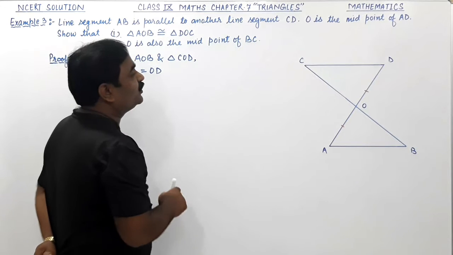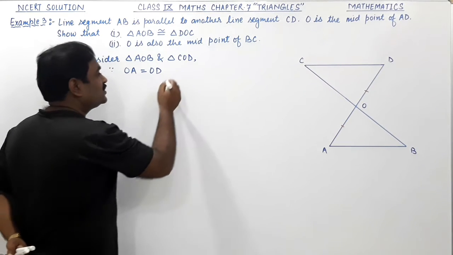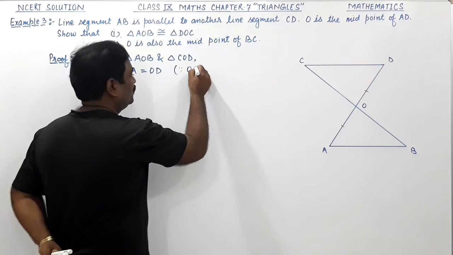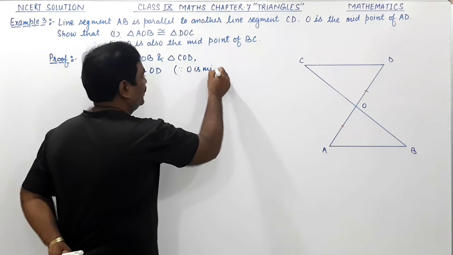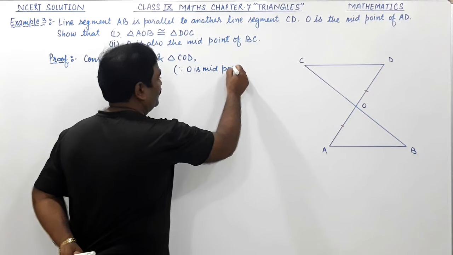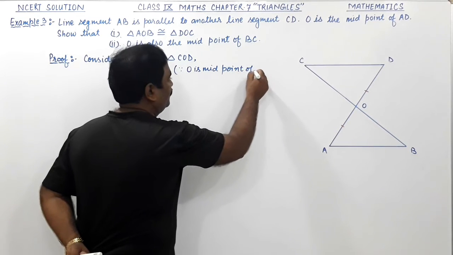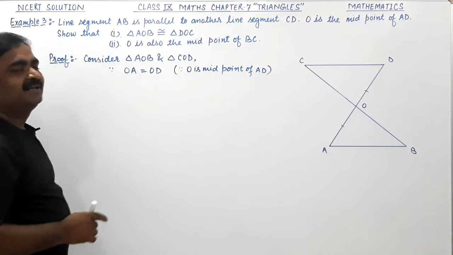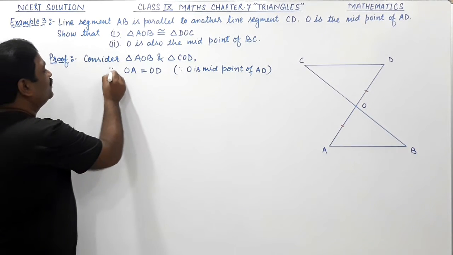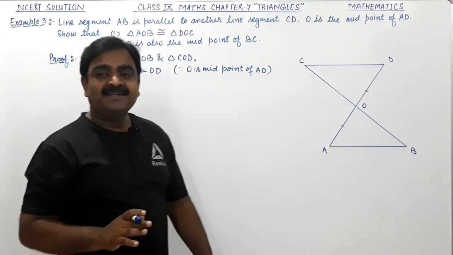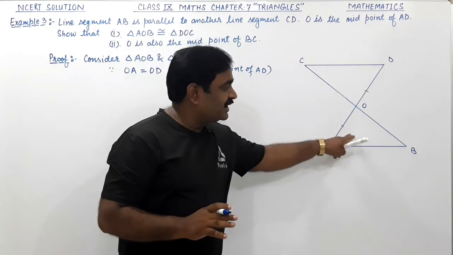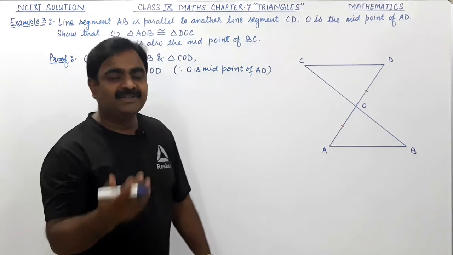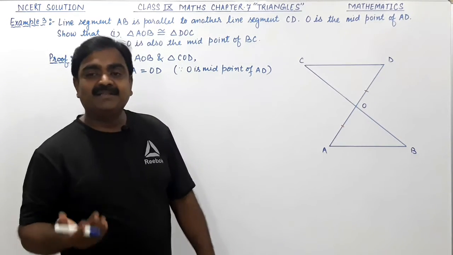Because O is the midpoint of AD. Because of this, you have written OA equals OD. So one side of this triangle is equal to one side of the second triangle. Now let us see what you can say about the other part.